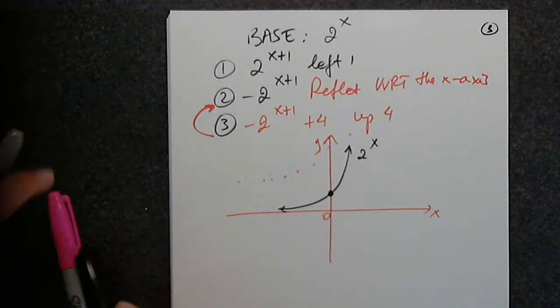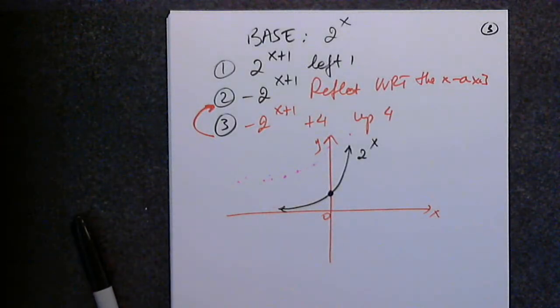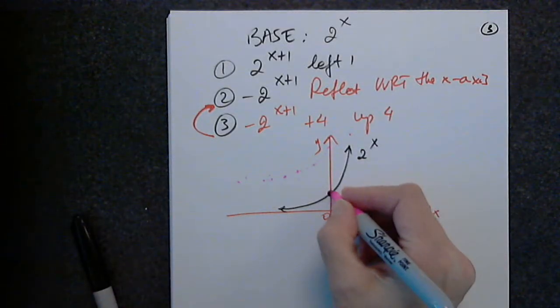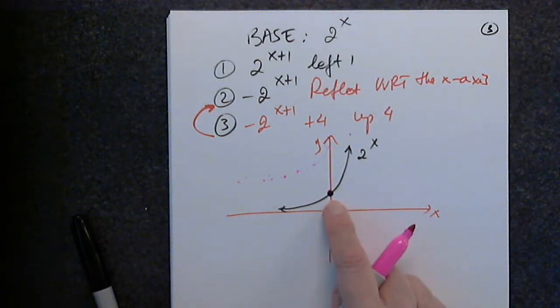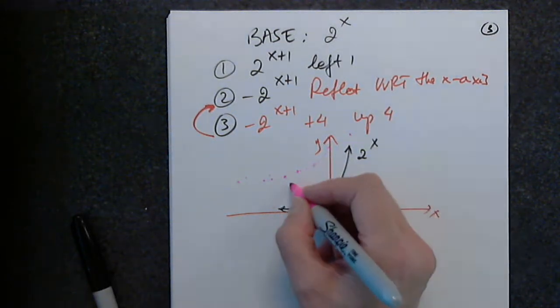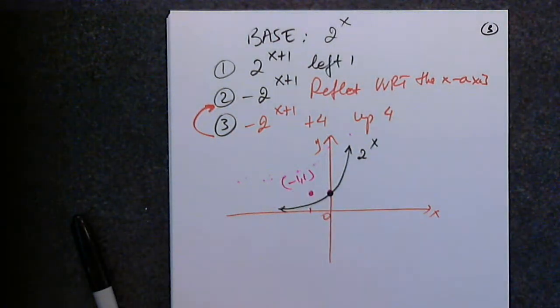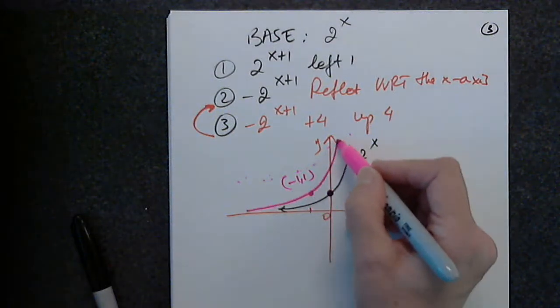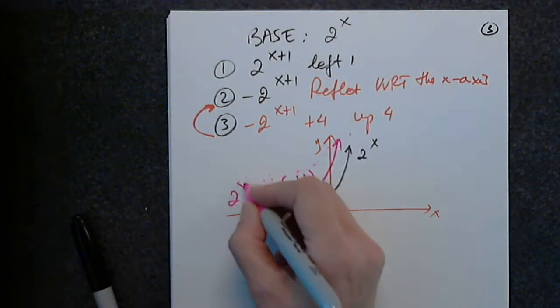Then you told me to shift this one left 1. This is the only point I care about. Where will it land? Yes, at the same height. So this will be -1, 1. Excellent. So this graph is the graph of 2 to x plus 1.